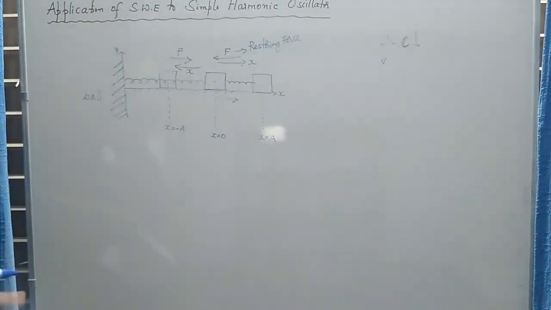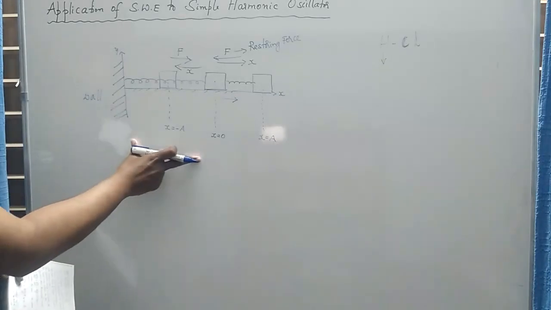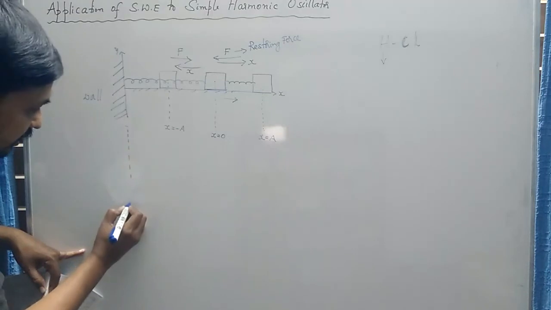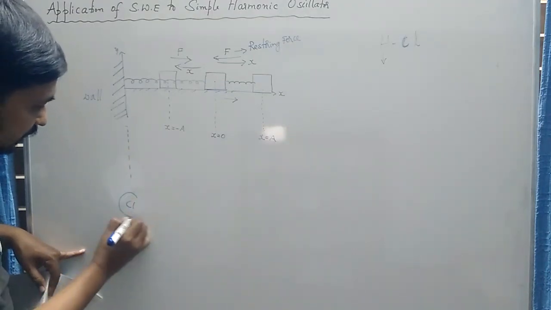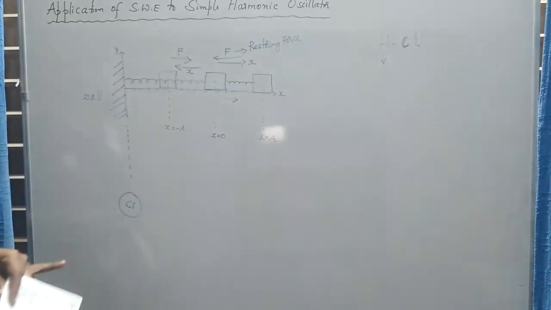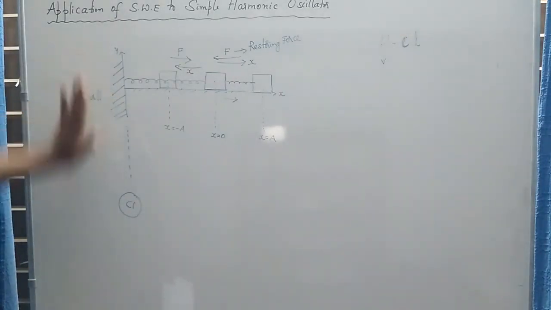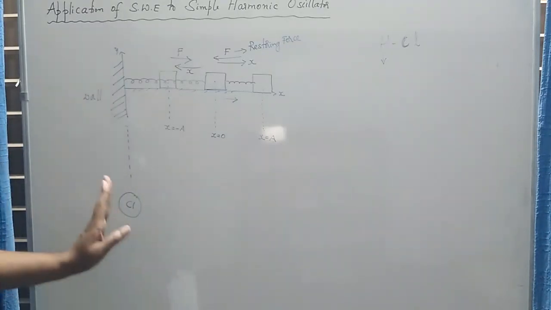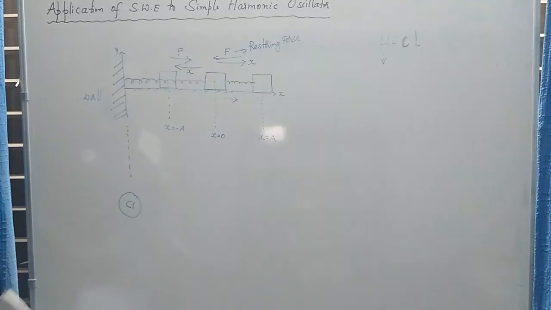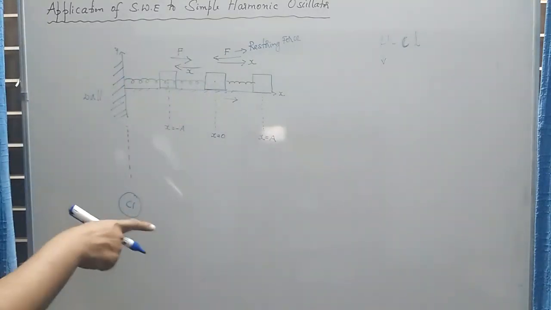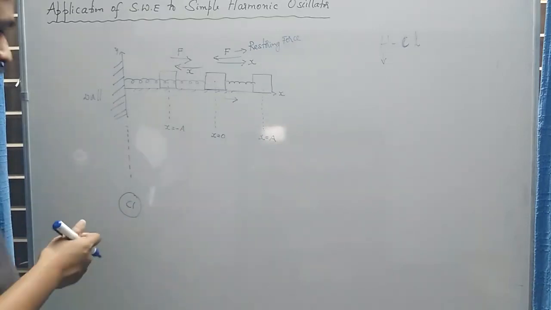So let us try to explain the vibration of HCl and compare it with this model. So let me keep chlorine here. This is the chlorine atom. The wall in this model is replaced by the chlorine atom. This wall is fixed. Similarly, the position of the chlorine is fixed, assuming that because it is very heavy. And the spring in this model is replaced by a chemical bond between hydrogen and chlorine.